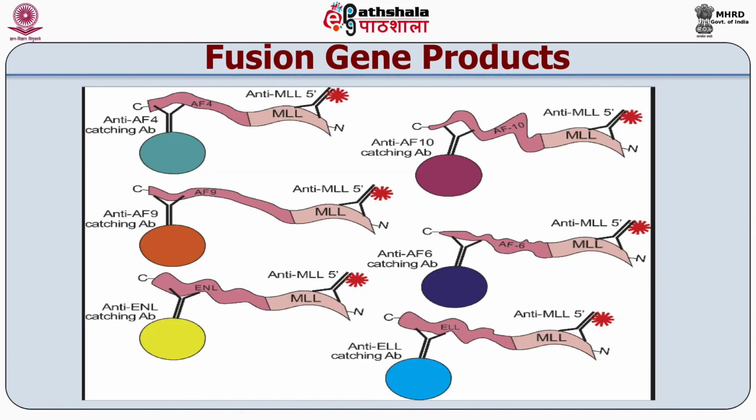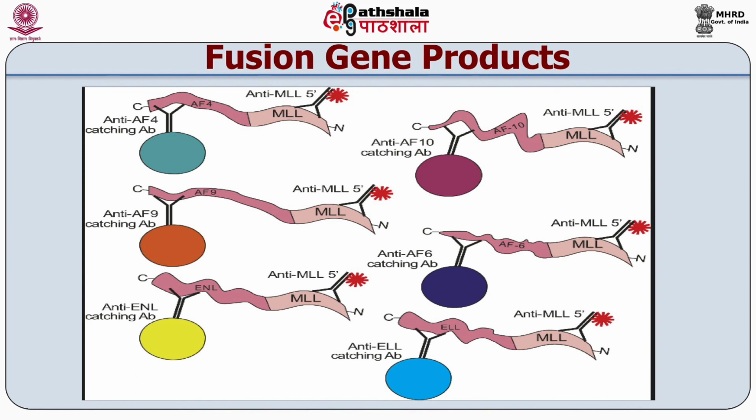This assay is designed with a bead-bound anti-BCR catching antibody and a fluorochrome conjugated anti-ABL detection antibody, and detects all types of BCR-ABL proteins in leukemic cells with high sensitivity and specificity.